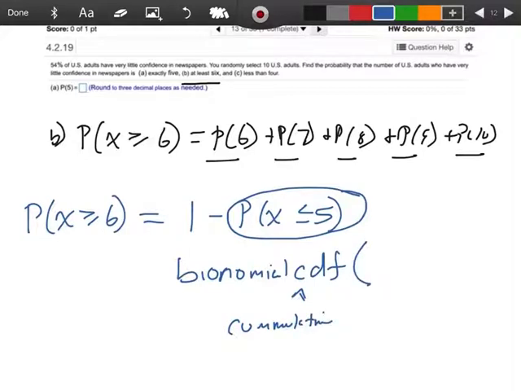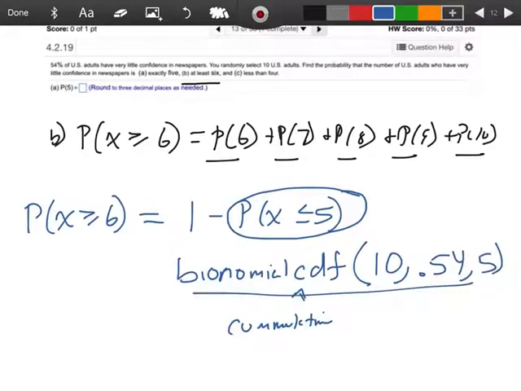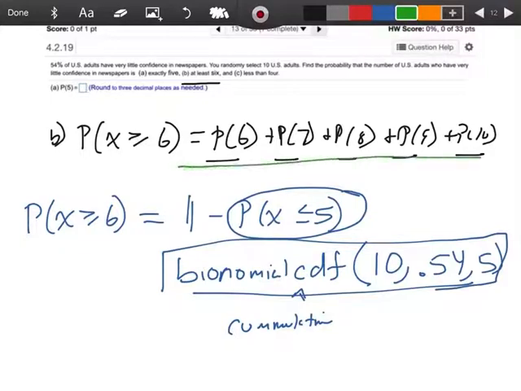When I do this, I'm still going to use my 10, my 0.54, and my 5. What this is saying is let's take all the values from 0, 1, 2, 3, 4, and 5 and add them all up. That's what this feature allows me to do. Then I'm going to do 1 minus that, and that'll leave me with what we were looking for.